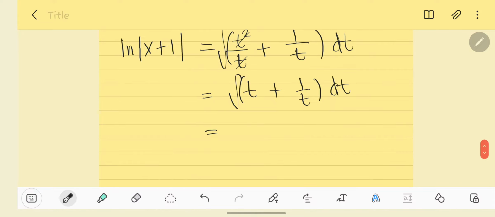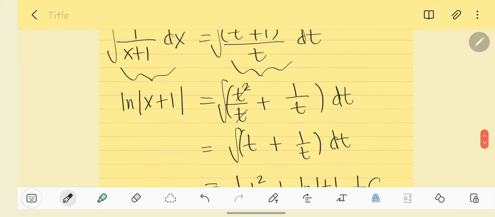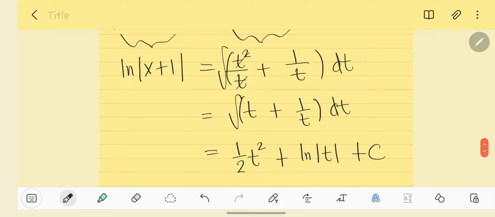You know that the integral of t plus 1 over t is equal to 1/2 t squared plus ln t plus c. Note that we have only one constant because we are in the first order.